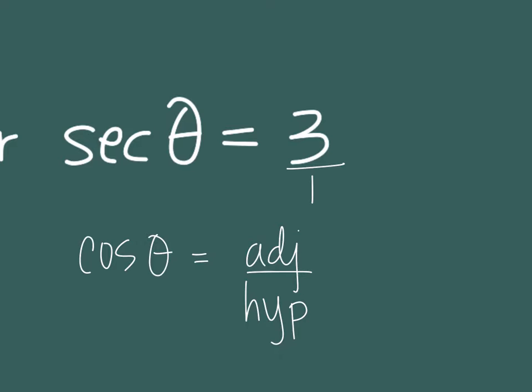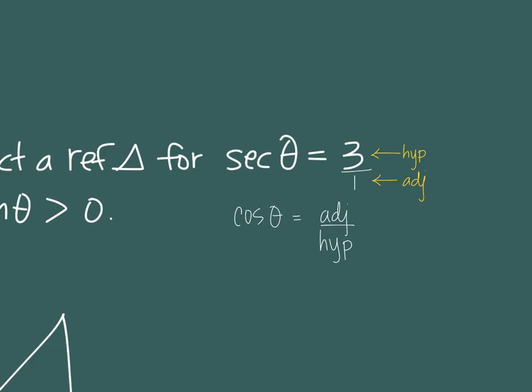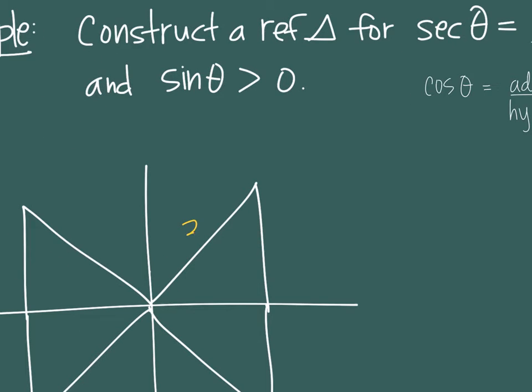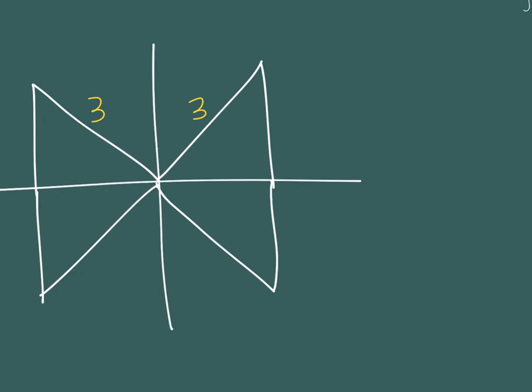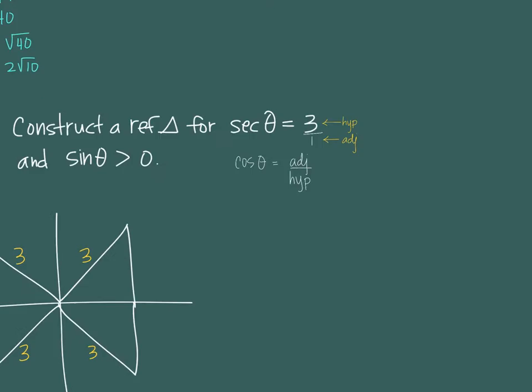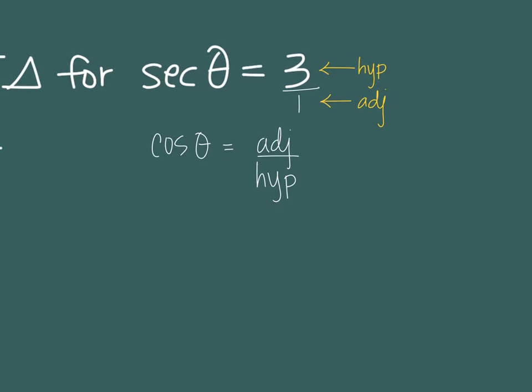So if cosine is adjacent over hypotenuse, what is secant? What's the order? Hypotenuse over adjacent. So hypotenuse has to be 3, and the adjacent has to be 1. The hypotenuse always has to be the longer one anyway. So now we know that all the hypotenuses have to be 3. We also know that the adjacent has to be 1.